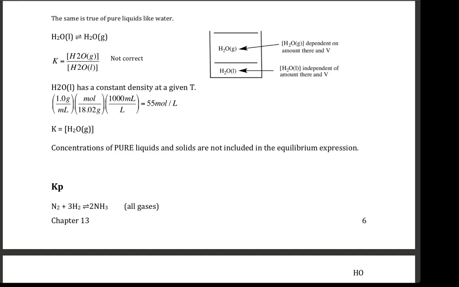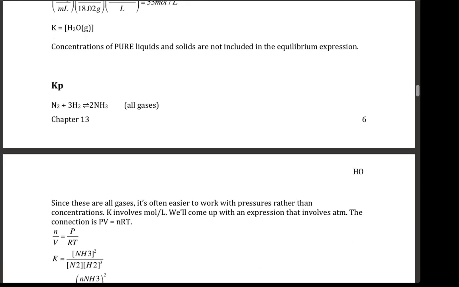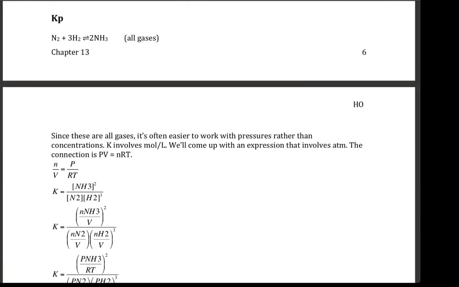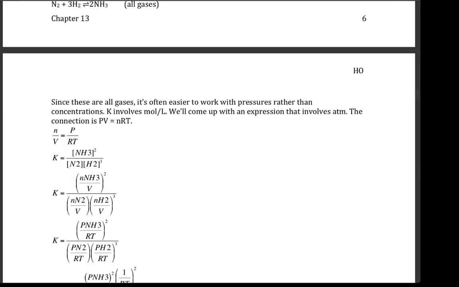Okay, our next section is Kp, and we are going to get into that by looking at the N2 plus 3H2 in equilibrium with 2 NH3, which are all gases. Since these are all gases, it's easier to work with pressures than concentrations.